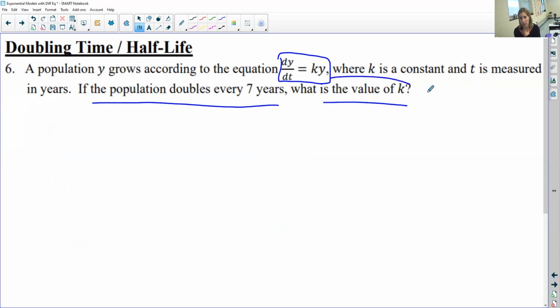So let's jump right to that equation: y equals Ce^(kt). Now we don't know the value of C, but it doesn't really matter. We know that in 7 years the population doubles. So you can pick any value of C and any value of y that corresponds to it doubling.